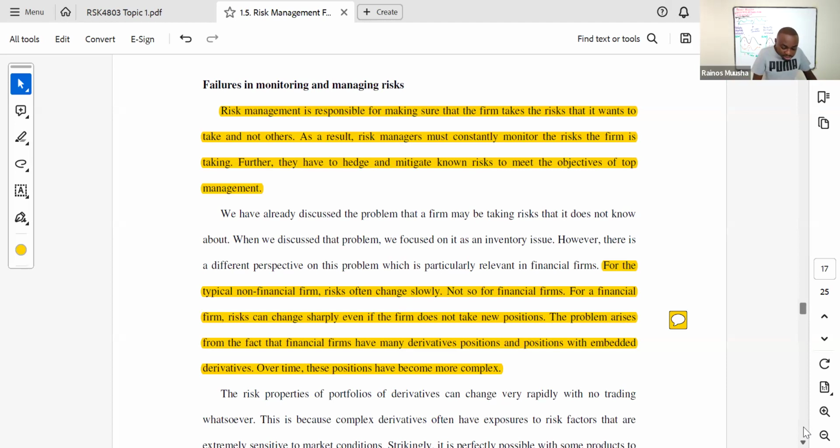Over time, these positions have become more complex, which is one of the problems you also saw in the 2007, 2008 financial crisis, where investors in financial firms were investing in, for example, collateralized mortgage obligations, which were then packaged into collateralized debt obligations, which basically means that you are investing in an instrument which has got derivatives. But remember, a derivative is by definition a financial instrument whose return is based on an underlying asset. So it's like you're now having different layers.